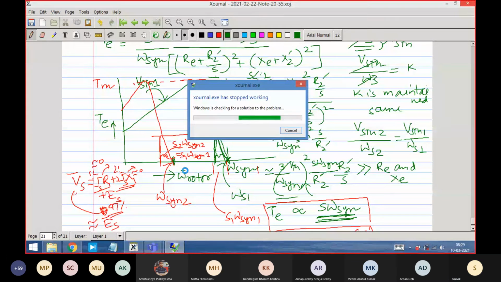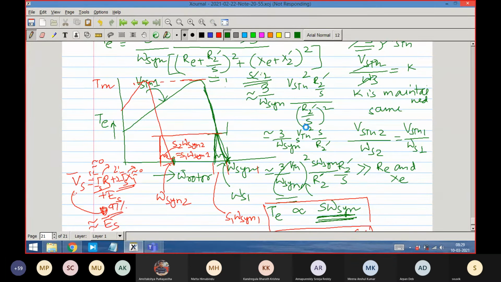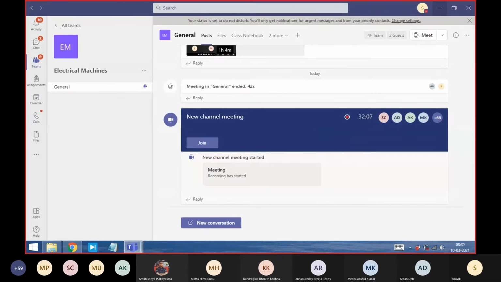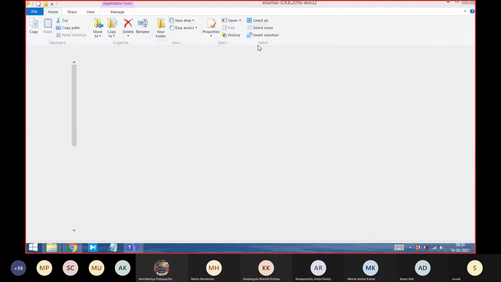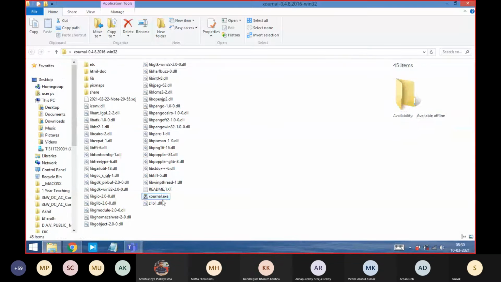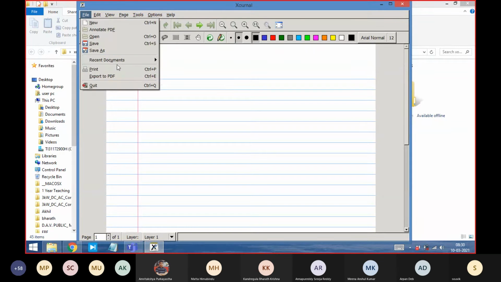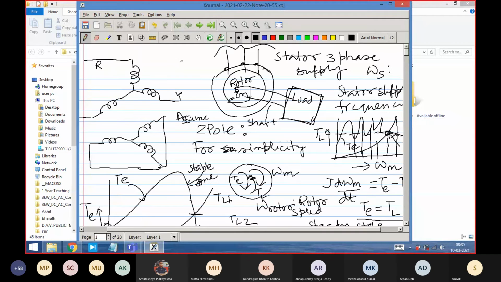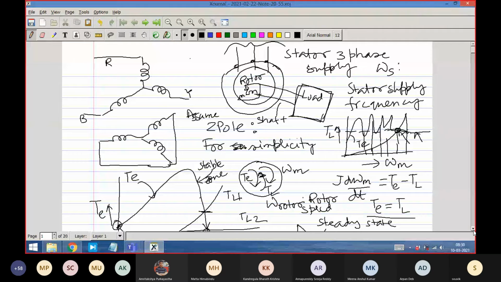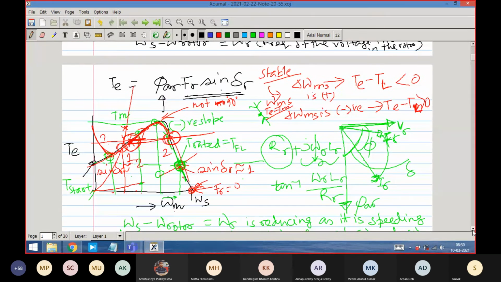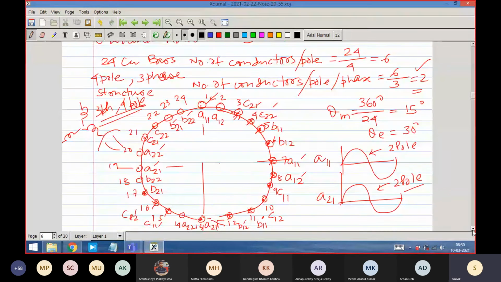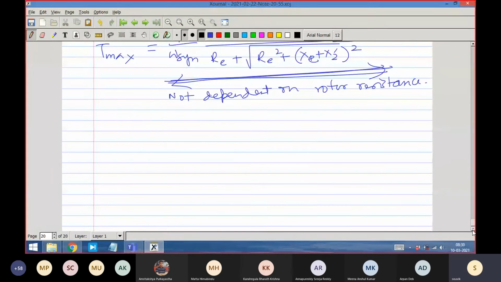One minute. Okay, these two pages were lost.